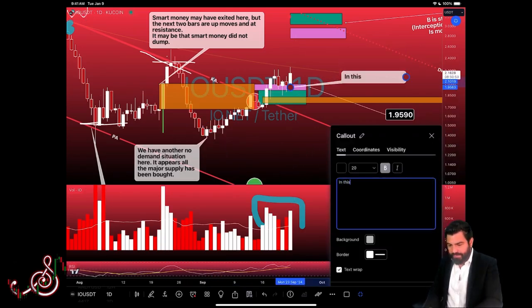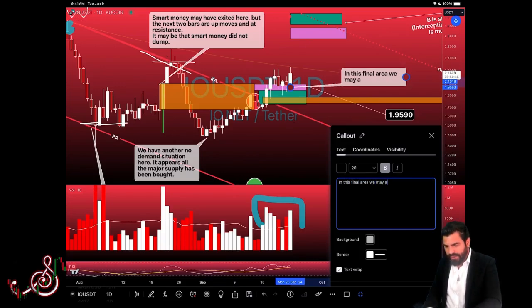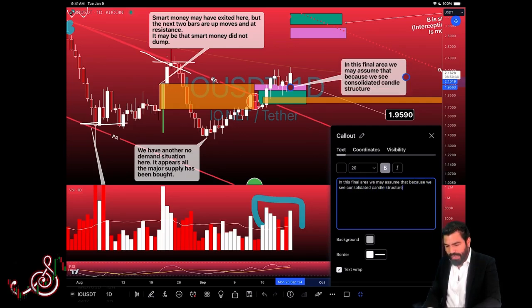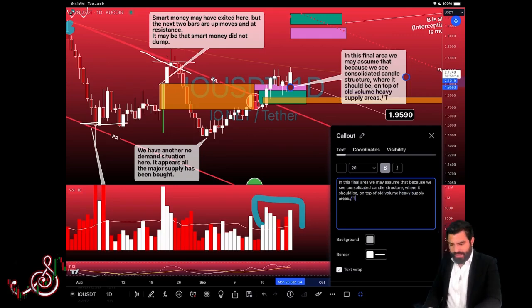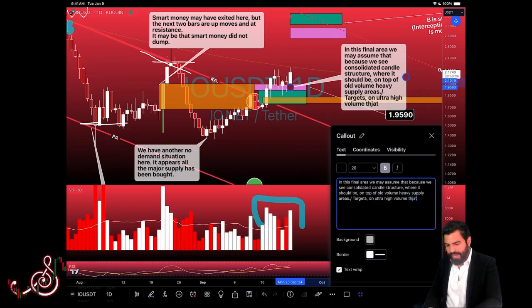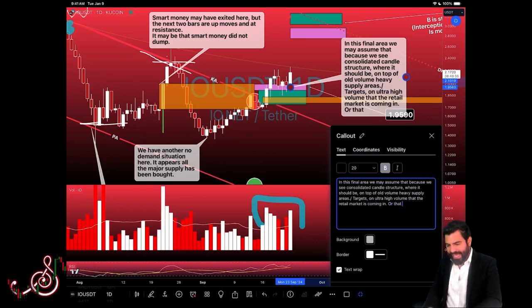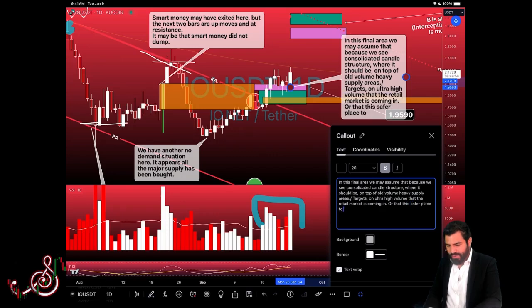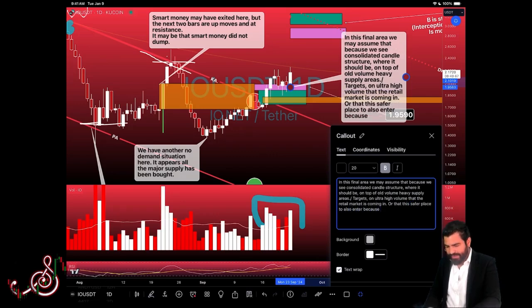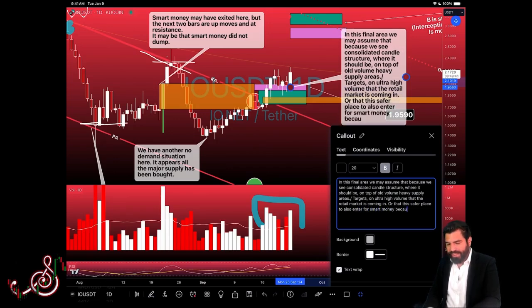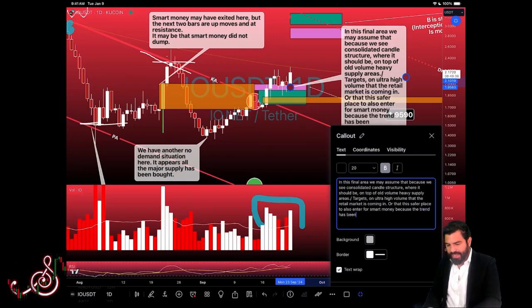In this final area, we may assume that because we see consolidated candle structure on top of old volume, heavy supply areas and targets on ultra high volume, the retail market is coming in, or that this is a safer place for smart money to also enter because the trend has been broken.